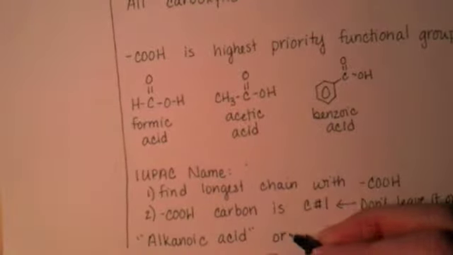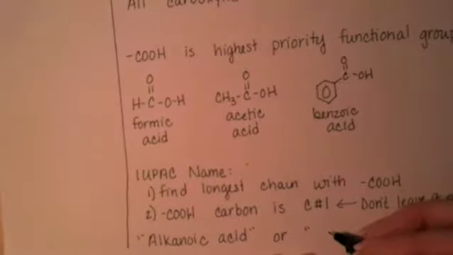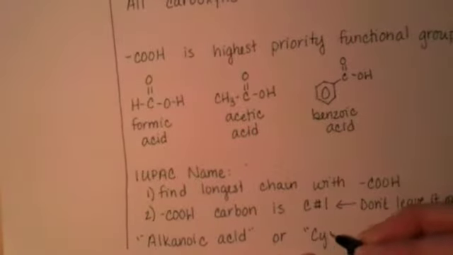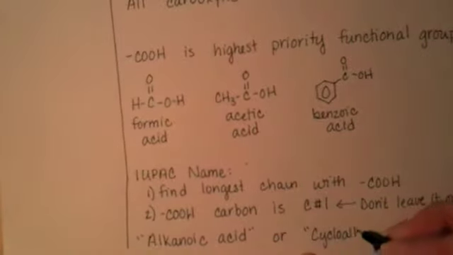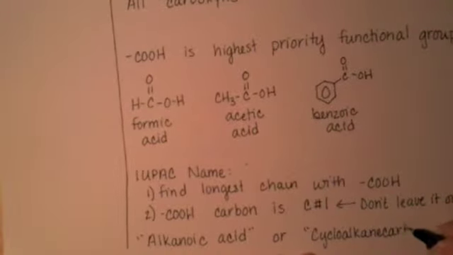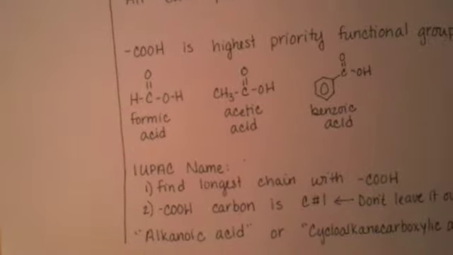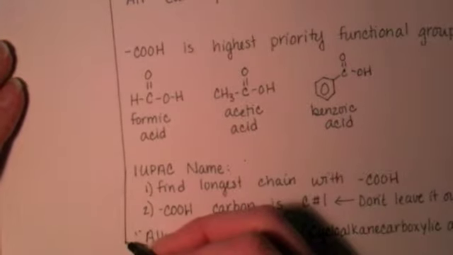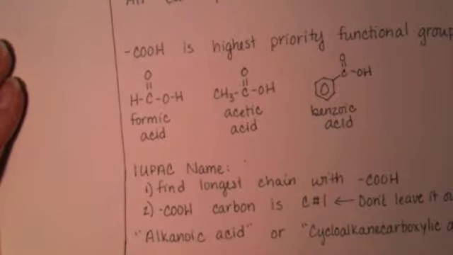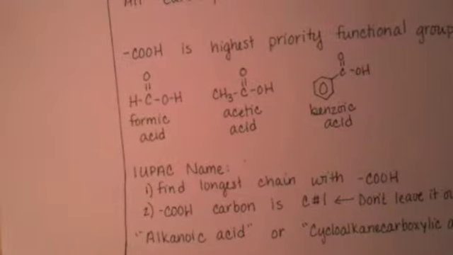Or if it's cyclic, cycloalkane carboxylic acid. Cycloalkane carboxylic is one word, acid is the second, so that would be, for example, cyclohexane carboxylic acid or cyclopentene carboxylic acid. Let's do a few examples of naming.